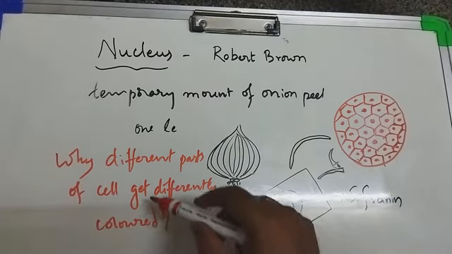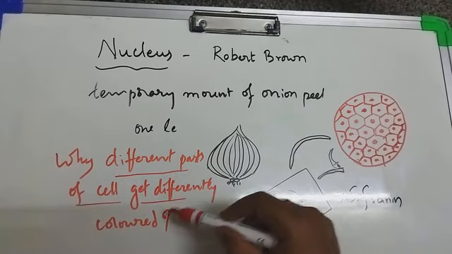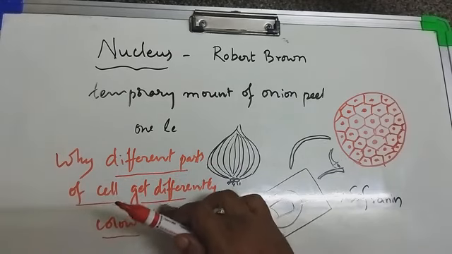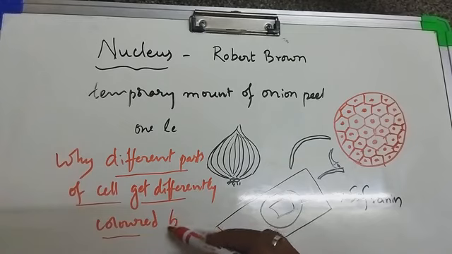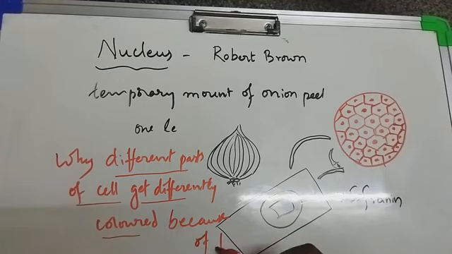So, different parts of a cell get differently colored because of differences in chemical composition.